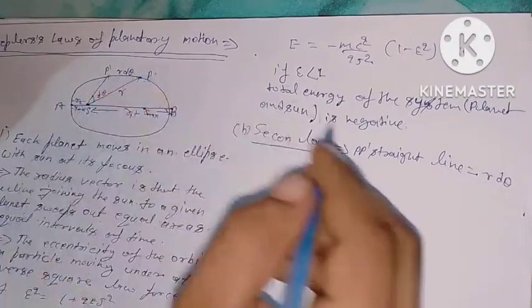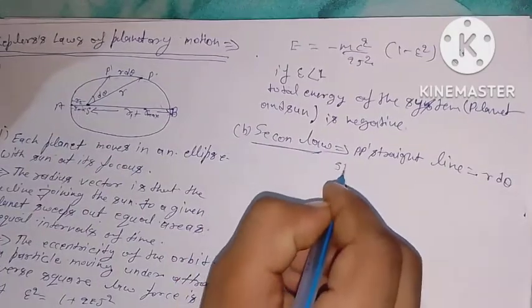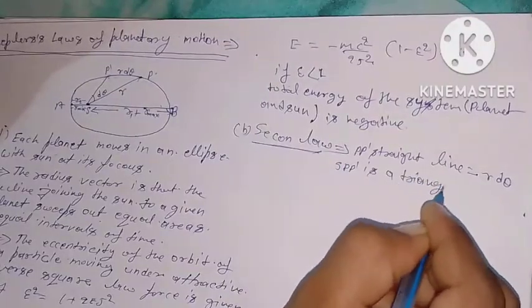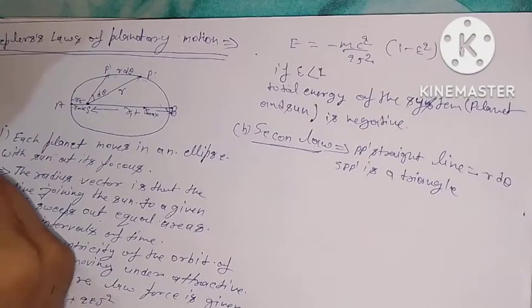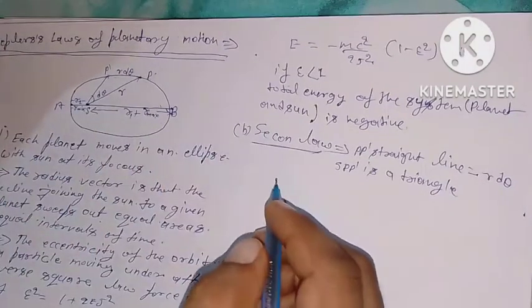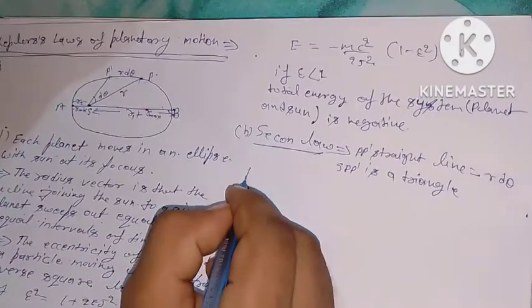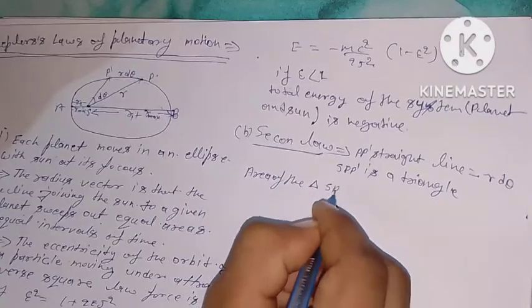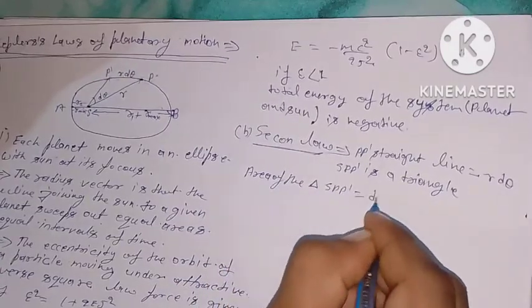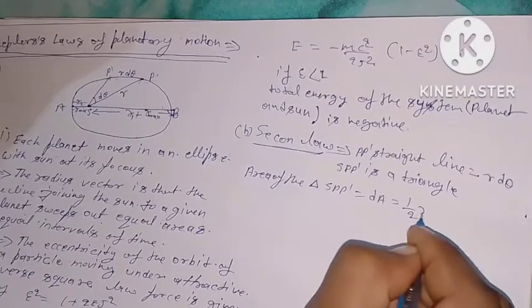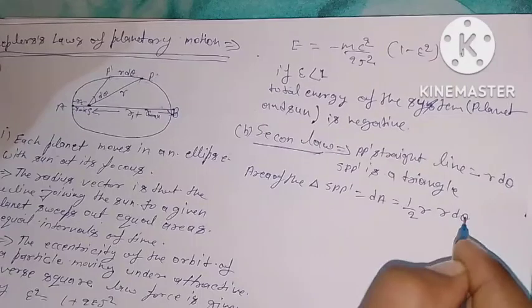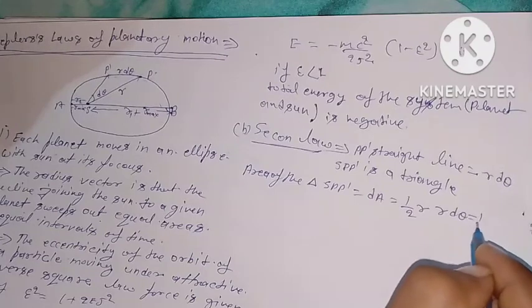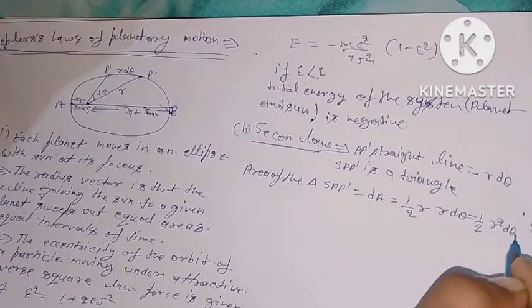SPP dash is a triangle. The area of the triangle SPP dash, dA, equal to 1 upon 2 R d theta, equal to 1 upon 2 R square d theta.